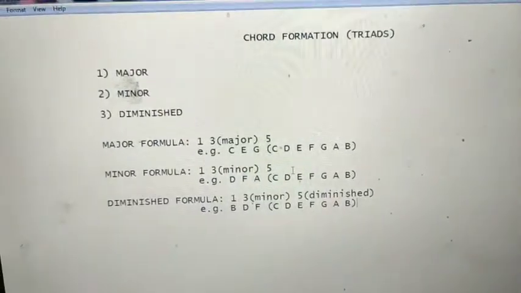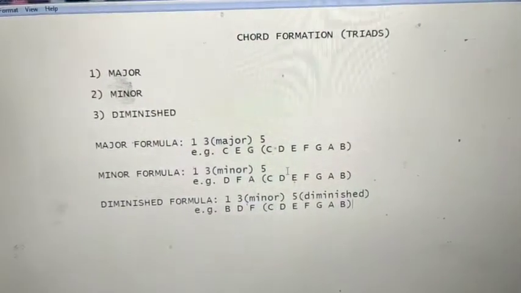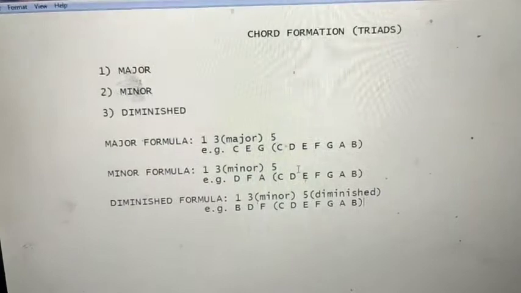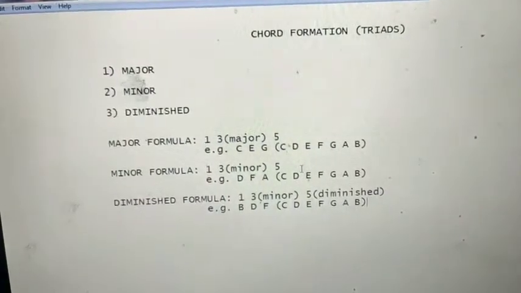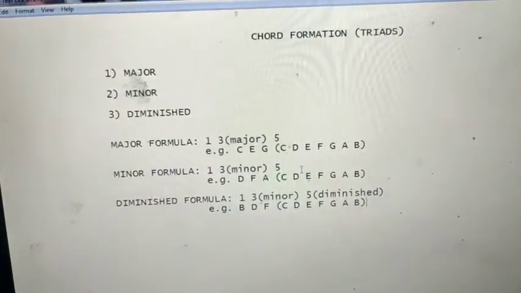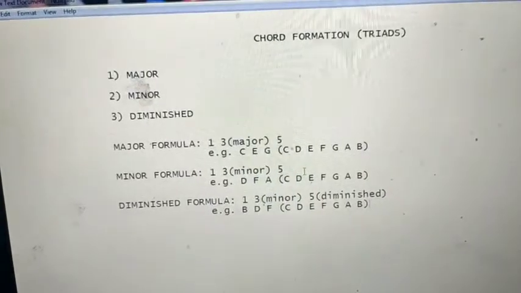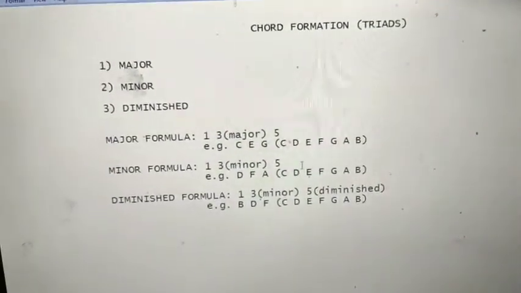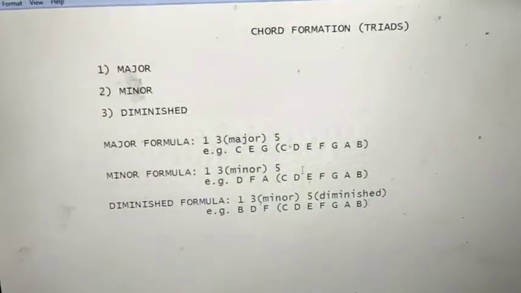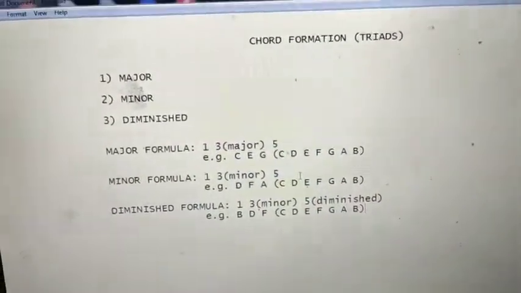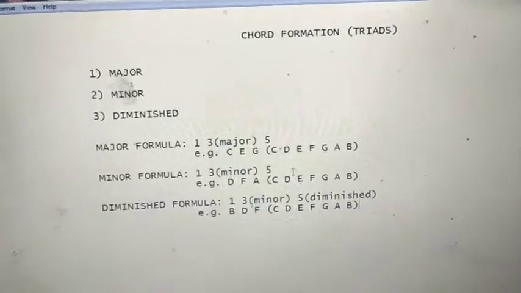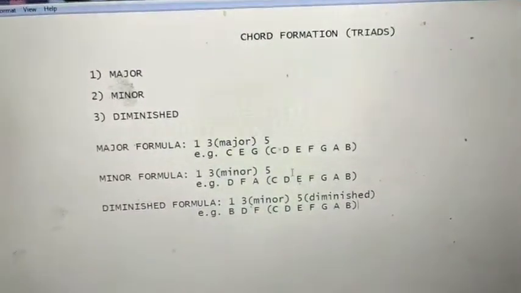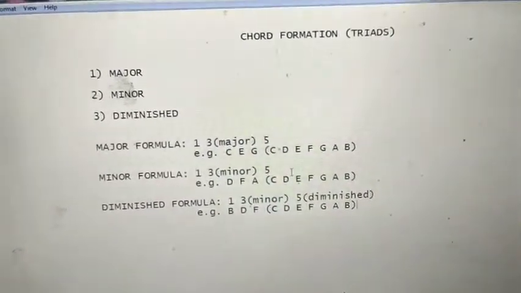That's why a lot of sad songs start from a minor chord. The diminished chord sounds very disturbing, very dissonant. It can be used creatively in chord progressions and it can sound nice, but if you isolate it and play only a diminished chord, then it will sound totally disturbing and useless.